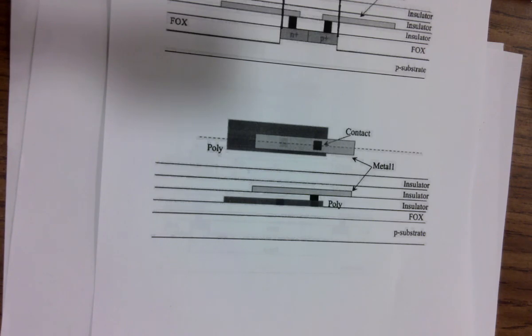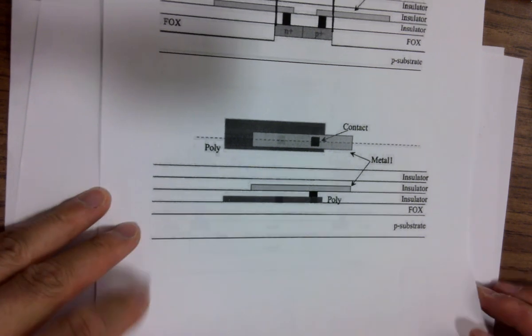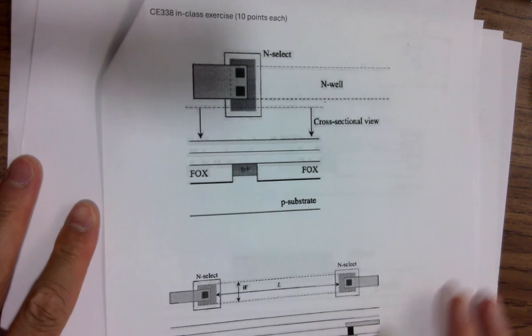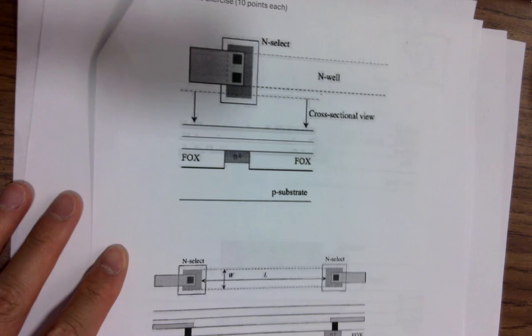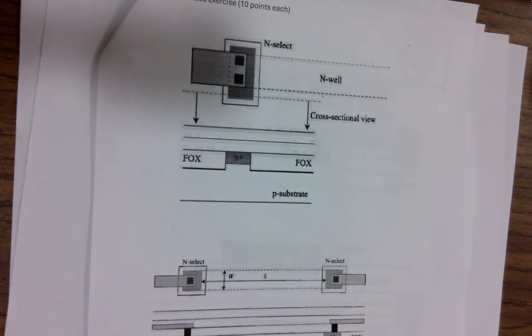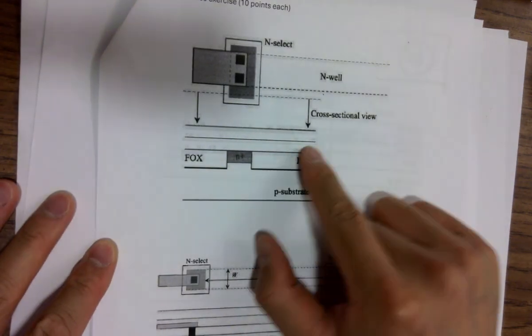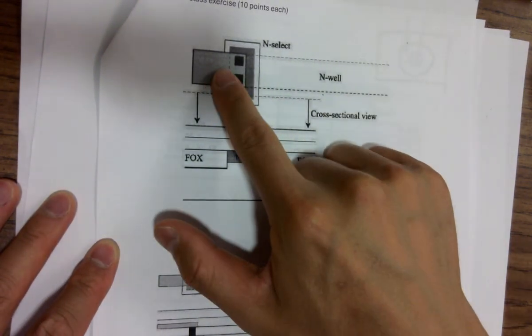There's no diffusion, no P select, N select, P act, N act. It's just a poly and metal, so Fox is not being opened up. Doc drew a poly and metal one, and the via in the middle. Okay, easy. Next. It's N select, it's N plus material within the N well, and the N well has a certain area here, like this.